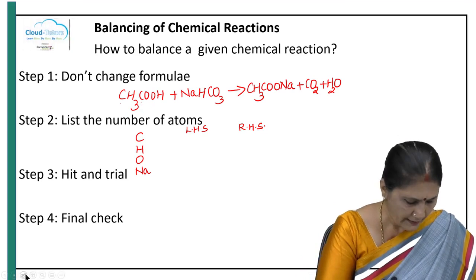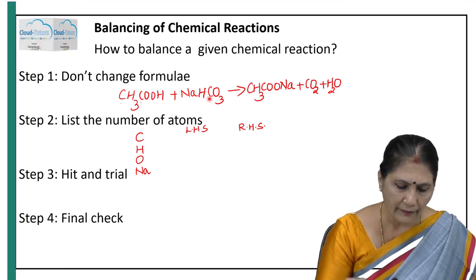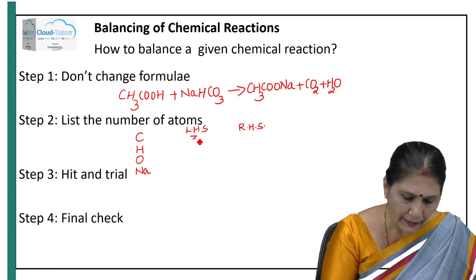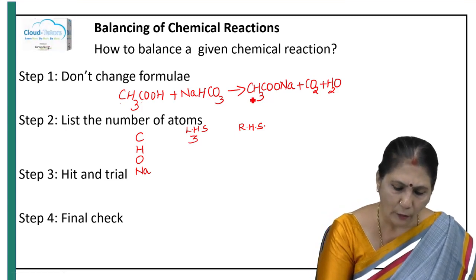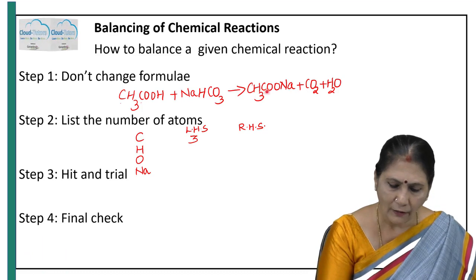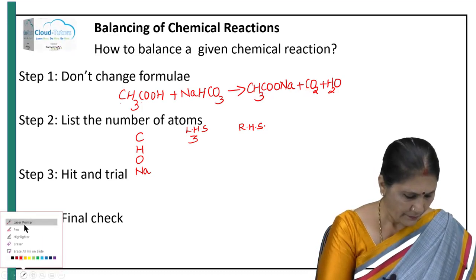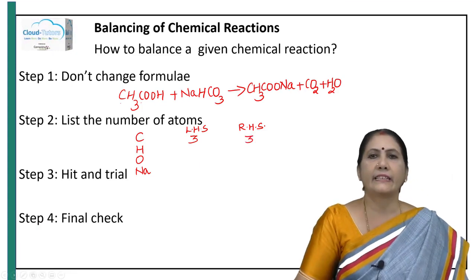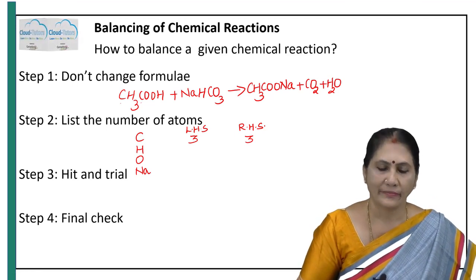Now, how many atoms of carbon are there? 1, 2, 3. That means carbon is 3. On the product side, how many are there? 1, 2, 3. So on the reactant side it is 3, and on the product side the number of carbon atoms is also 3.